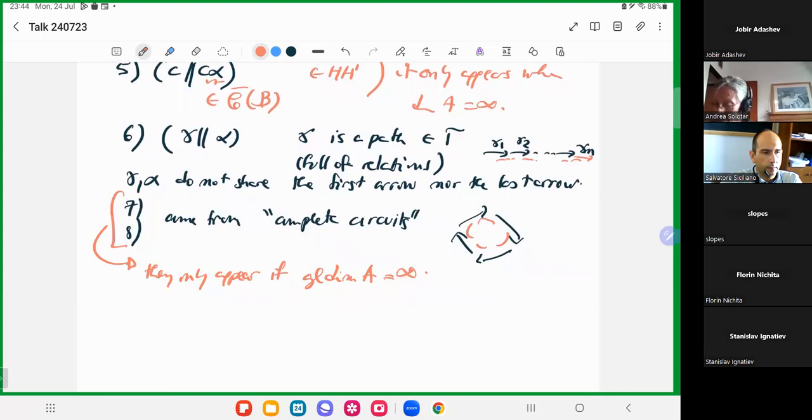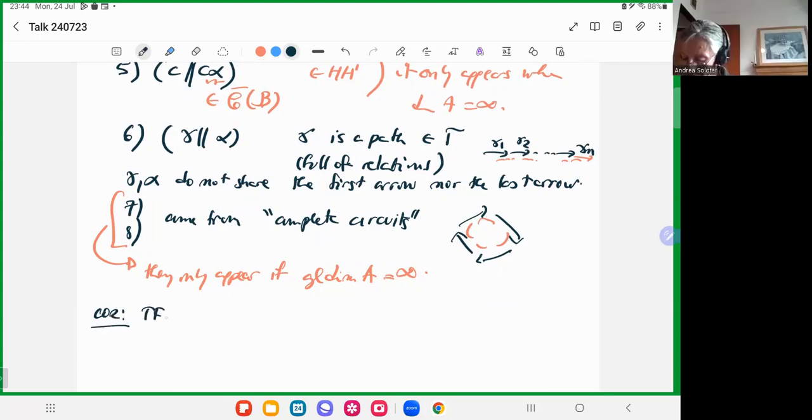So a corollary of this description, first corollary, is that the following things are equivalent.